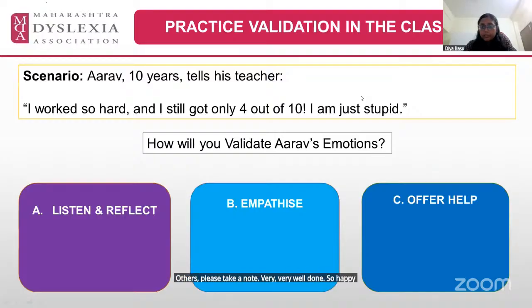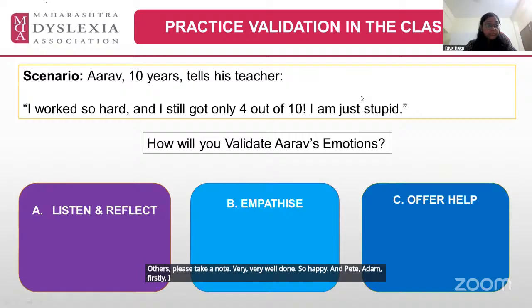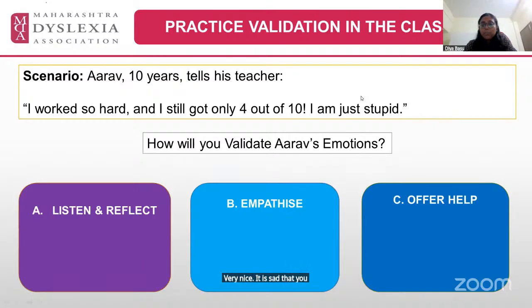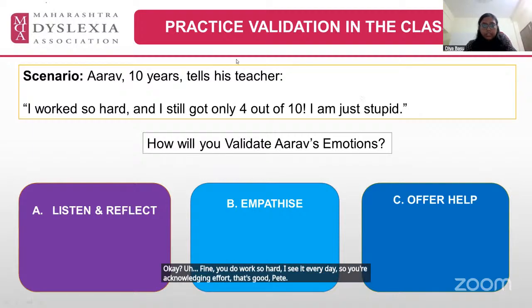And Pete: Arav, firstly, I hear what you are saying. Very nice. It is sad that you are worried. You are stupid? You are not. Stupid is a big word, and this was one test. Fine. You do work so hard. I see it every day. So you're acknowledging effort. That's good, Pete. Acknowledging effort.